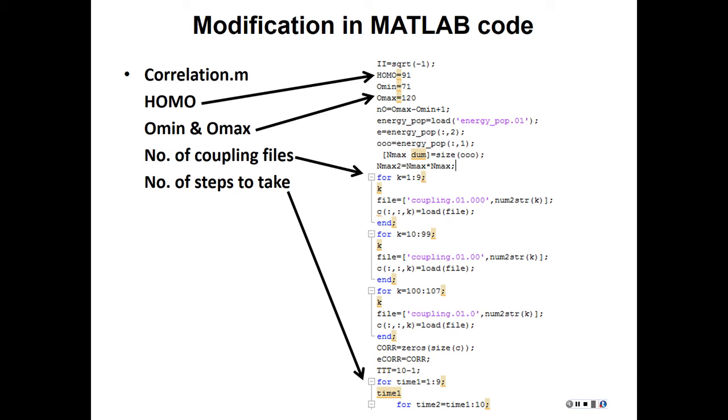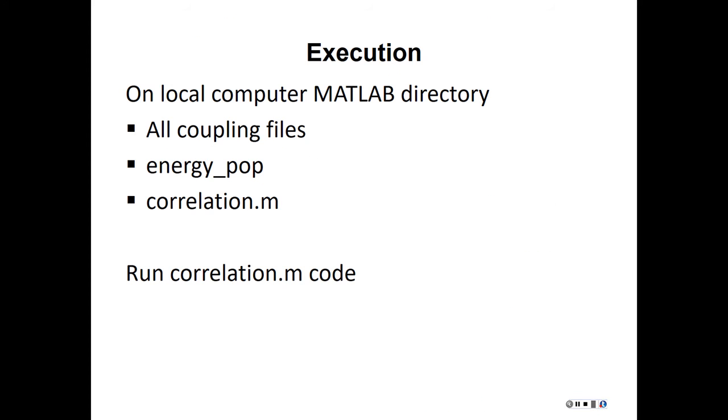Here we can see 3 for loops. This one is for just 1 digit, this one for 2 digits, and this one for 3 digits, since I had 700-something files.